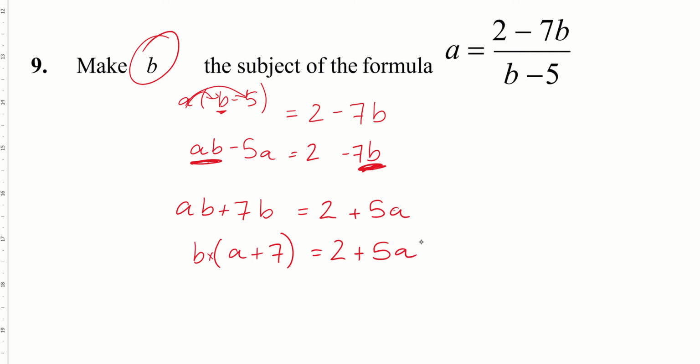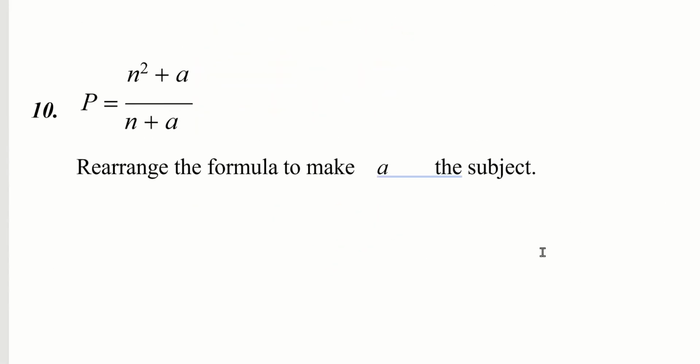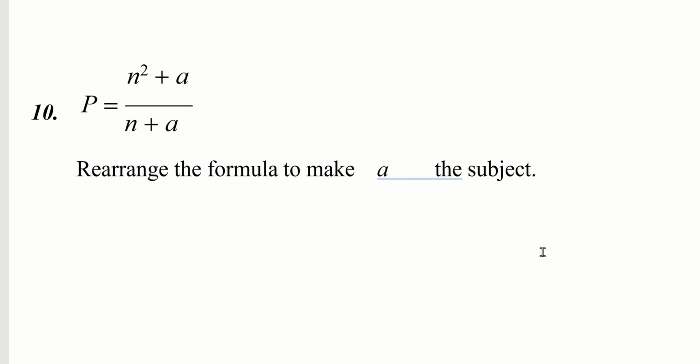B nearly on its own. Now it is. See, that same skill keeps being tested. It's a very good skill to have. Alright, one more. Alright, pause video, give it a go.